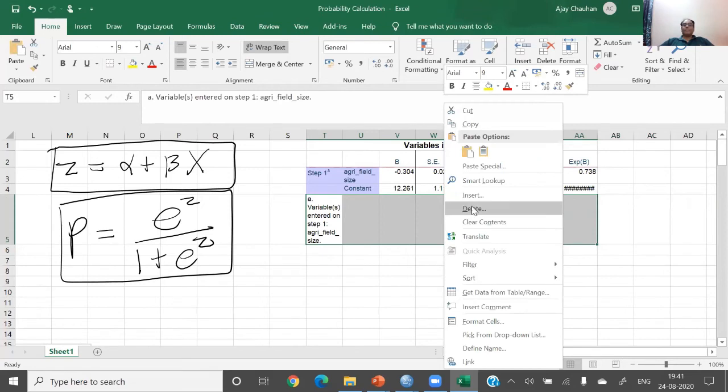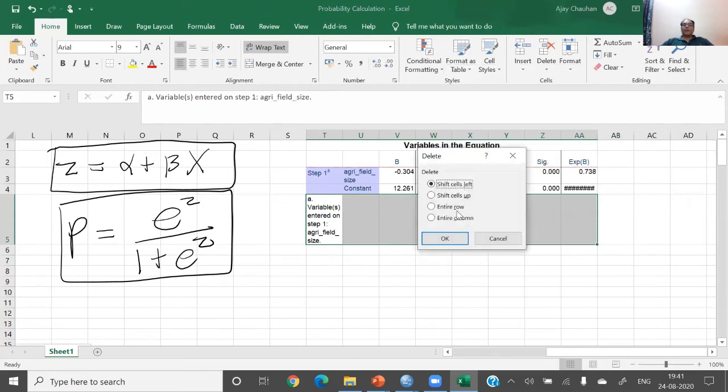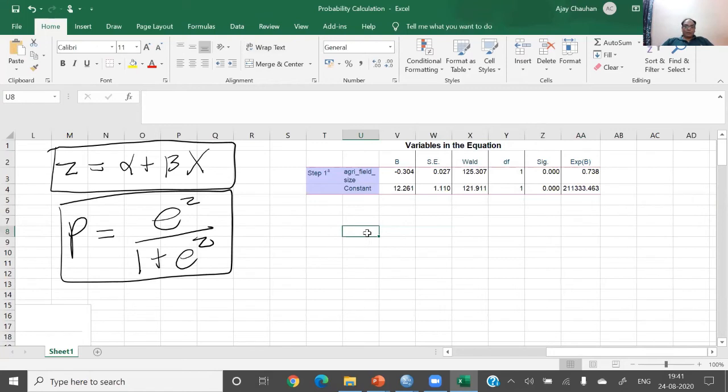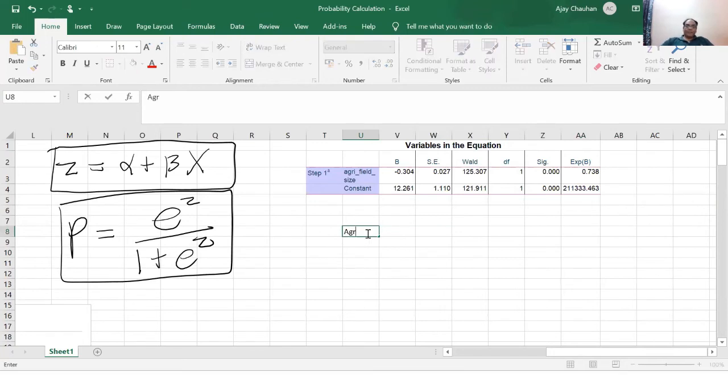Just see this process very carefully. I'm going to repeat the process once again. This is the agriculture field, and I have to check what is the minimum and maximum value of the agriculture field.